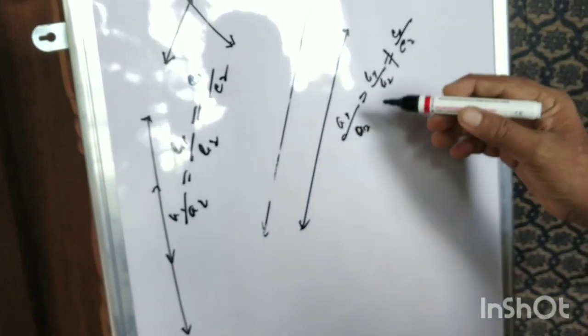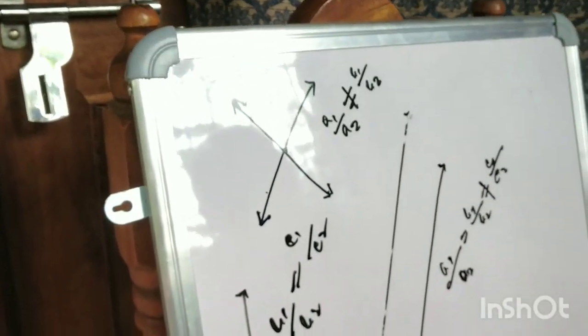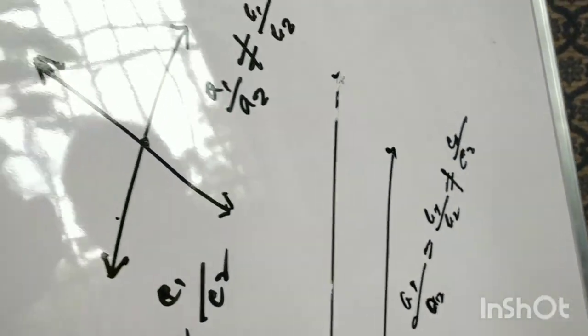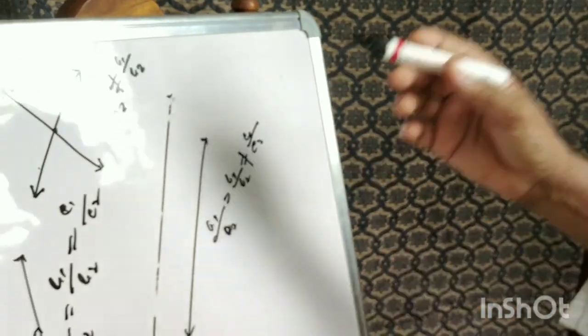These are the coefficients of the variables of the equations. They are equal, so the straight lines must be of equal directions. The equality of the coefficients of the variables invariably implies the equality of directions of the straight lines.